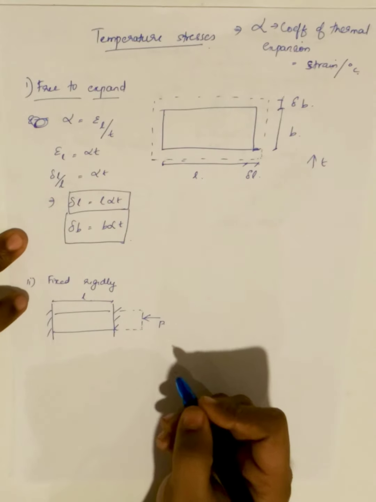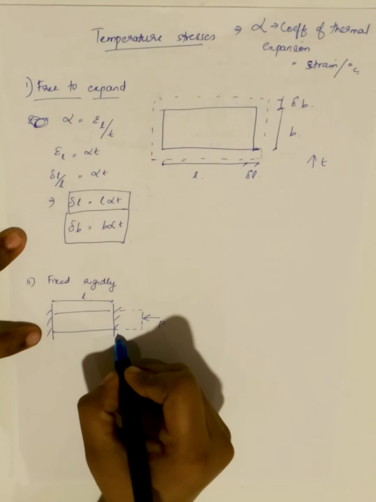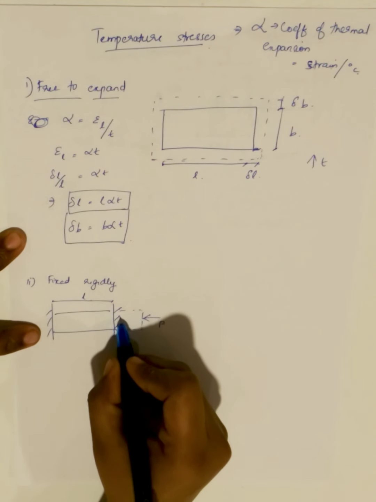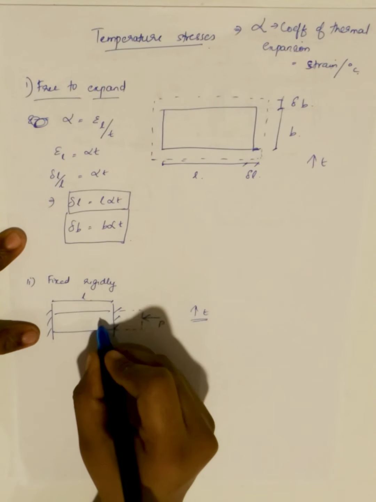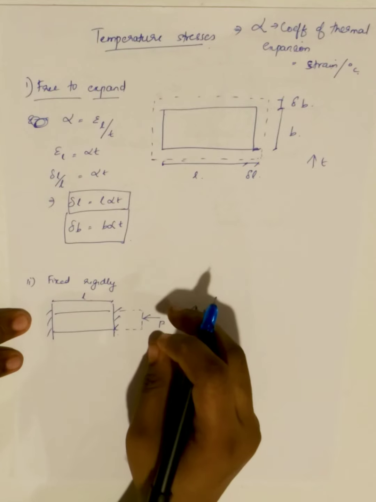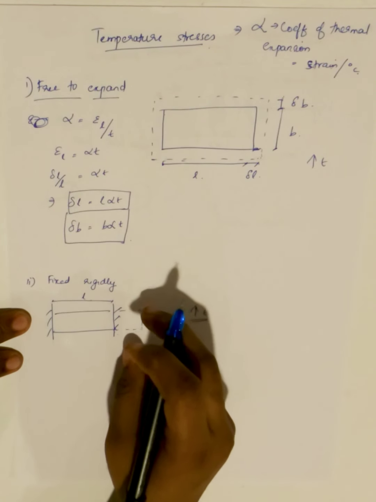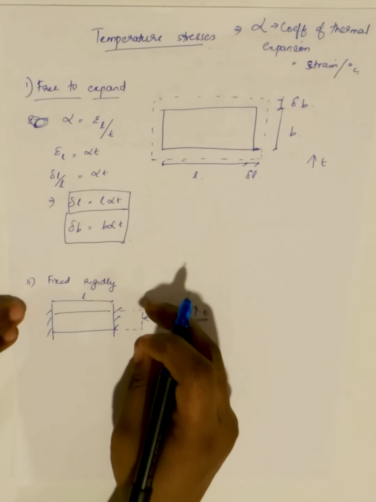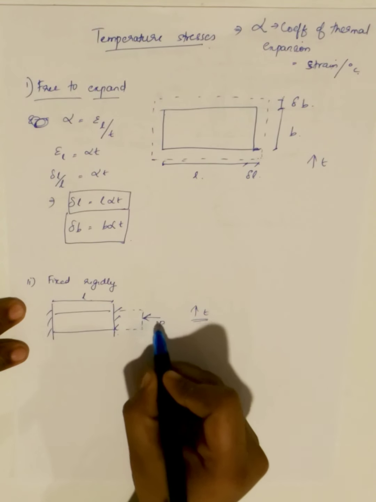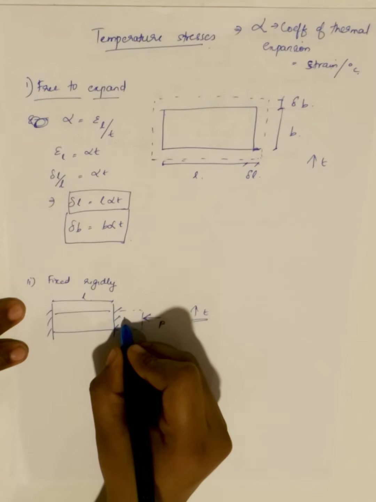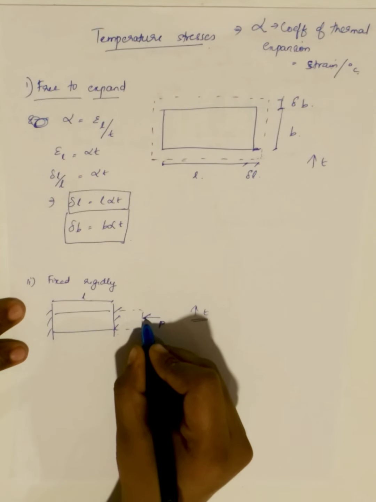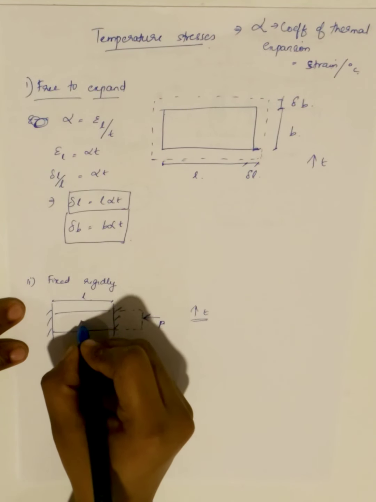Now suppose we consider that bar as fixed. If it is fixed and we give a temperature increase, then this bar will try to expand, and this expansion is now prevented because it is fixed. Here there is a force P that prevents this expansion, and because of this force a stress is developed.